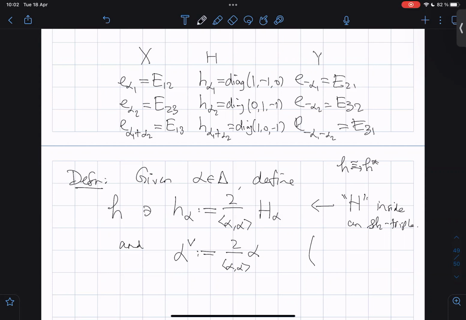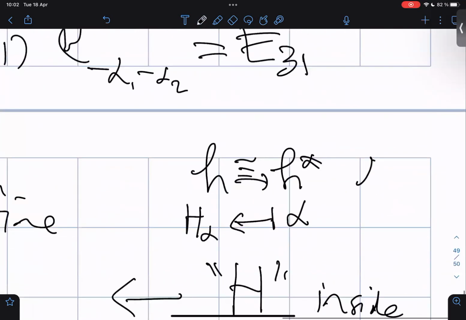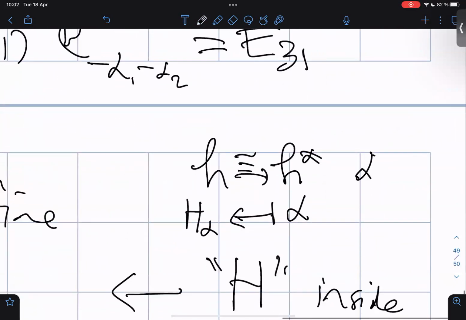So if I have an element alpha here, I have a corresponding element over here, and it's via the pairing. Alpha is: you take the pairing and then you insert some special vector H alpha into it.